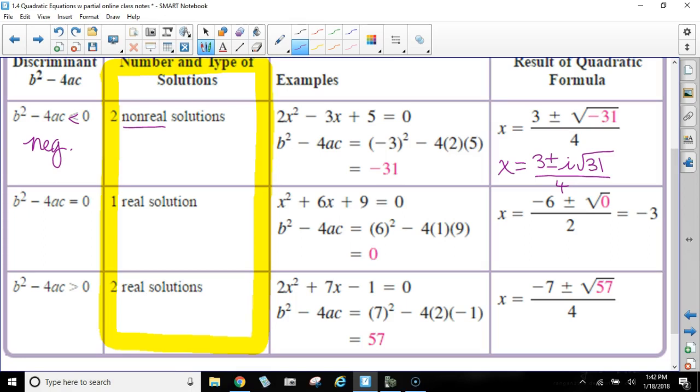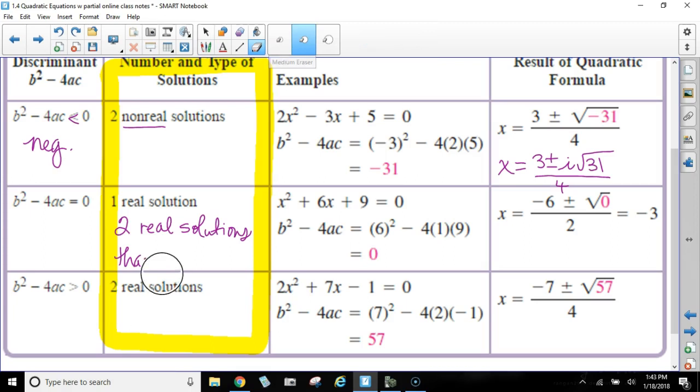Okay? Here, b squared minus 4ac equals 0. They say we get one real solution. Another way to consider that is for degree 2 quadratic equations, we're going to be getting two solutions, but we're going to be getting two real solutions that are equal.